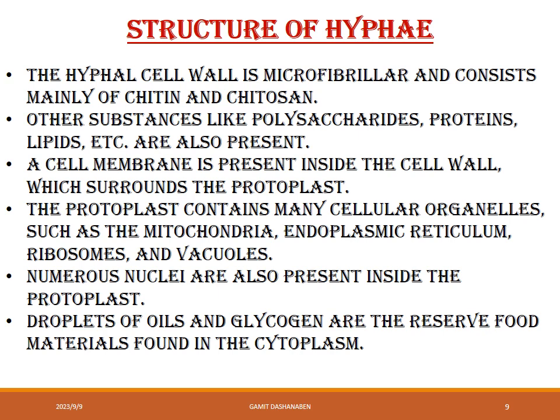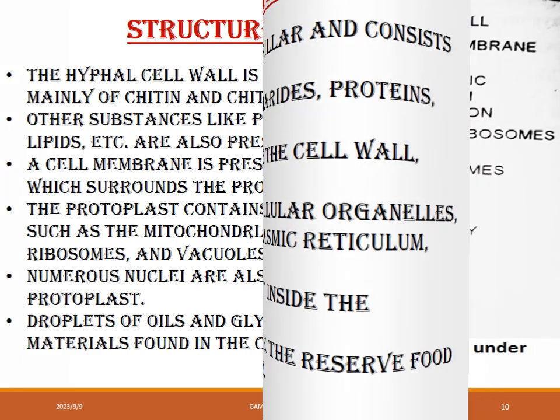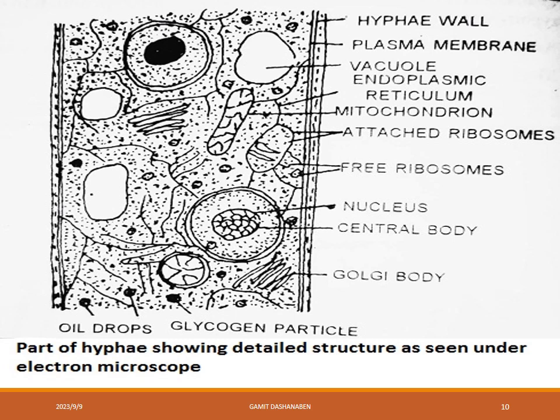The protoplast contains many cellular organelles, such as mitochondria, endoplasmic reticulum, ribosomes, and vacuoles. Numerous nuclei are also present inside the protoplast. Droplets of oils and glycogen are the reserve food material found in the cytoplasm. Part of hyphae showing detailed structure as seen under an electron microscope.